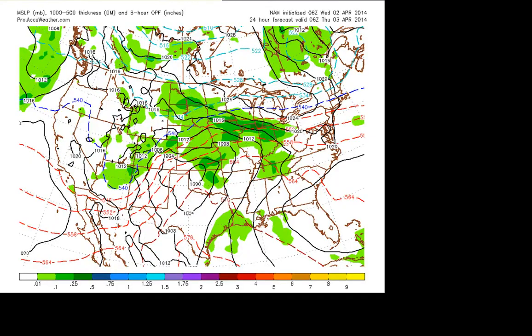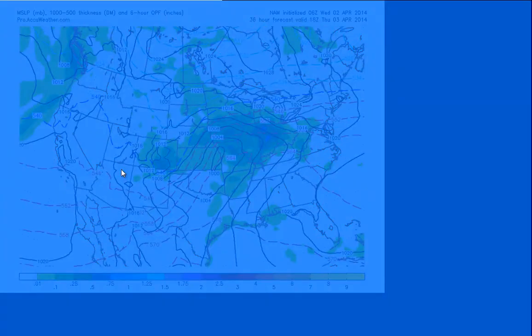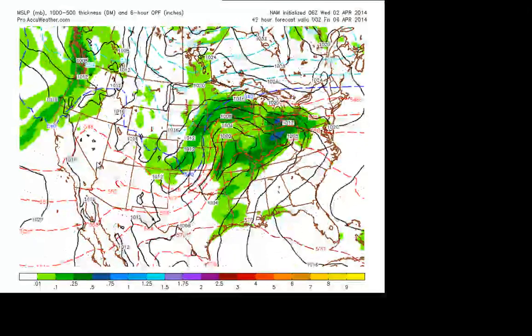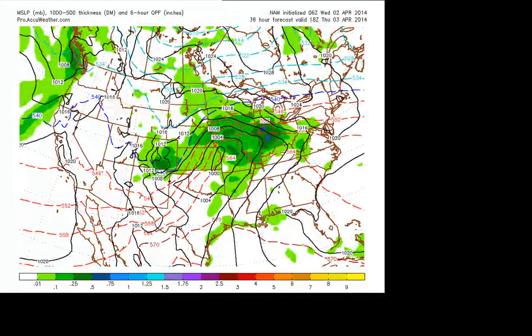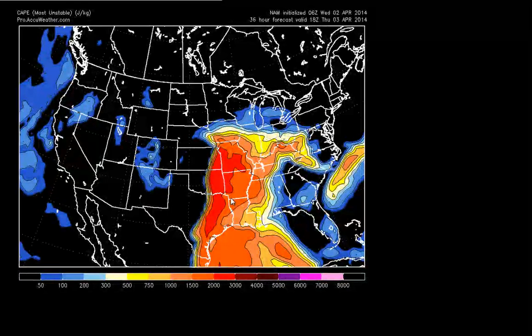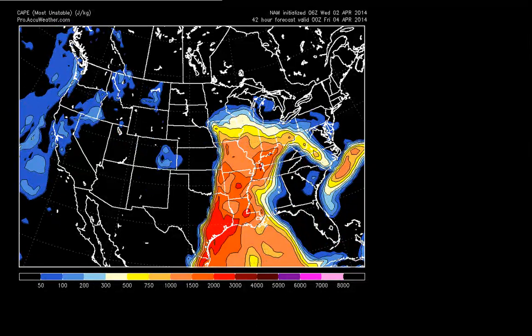Tomorrow's a little more interesting because we have a little bit of a stronger jet. So by the time we get into tomorrow, say 2 to 5 o'clock, again we have another severe weather outbreak, now focused on this area, and you can see the model is trying to show you thunderstorms developing along this front. Taking a look at the dynamics again, unstable air as shown here.